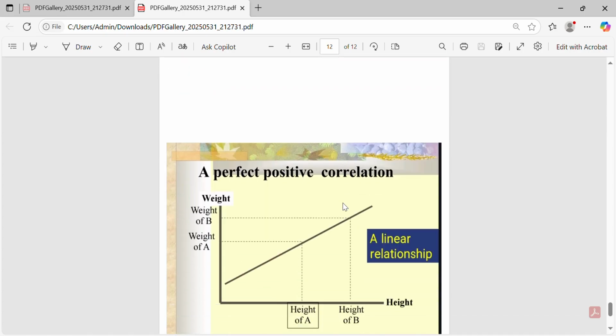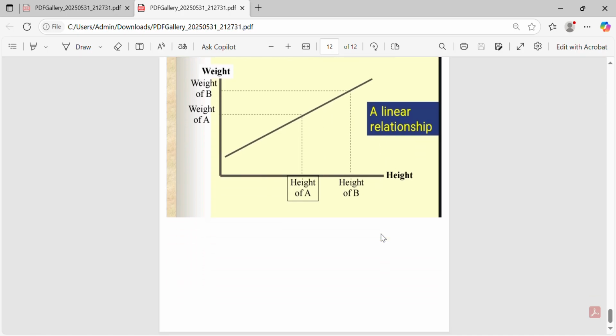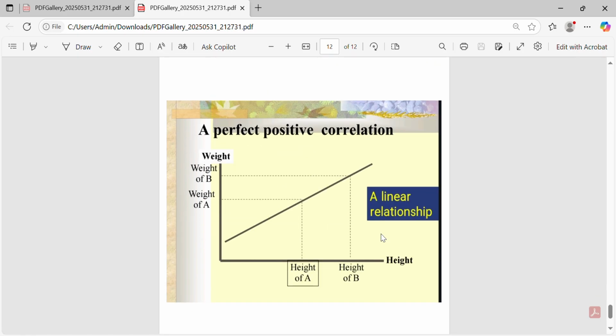Here one example is given: a perfect positive correlation, with weight and height. We can consider the two points a and b, and a slope is given there. So they have a linear, positive correlation relationship.